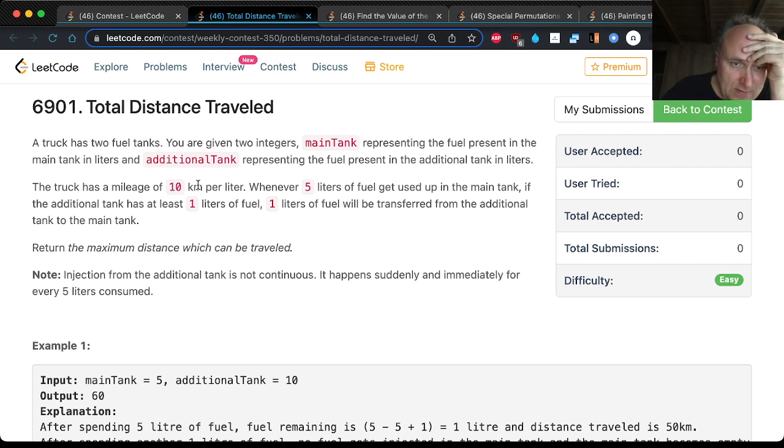What's my left? Oh, 10 per liter. So it has 5, 50, okay, so we have 10 times 5 plus 1.